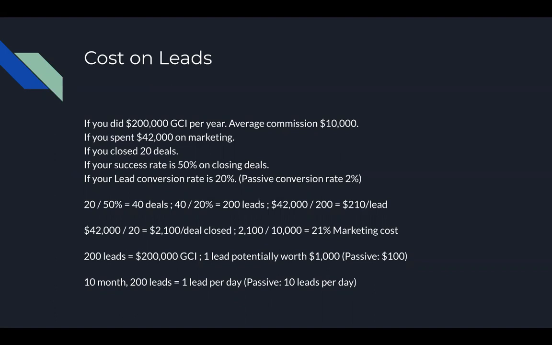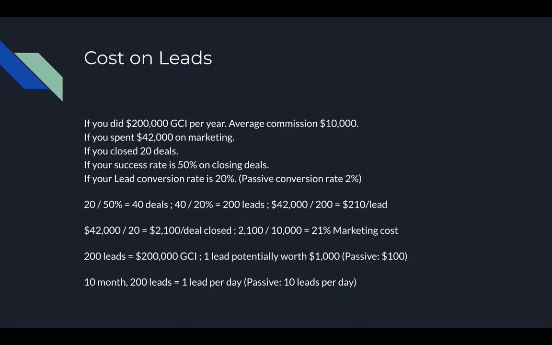It should be anywhere between 10 and 20%, even better 10% to 15%. Below 15% is acceptable, 10% is very good, and 20% is too high. 200 leads equal $200,000, which means one lead is potentially worth $1,000.